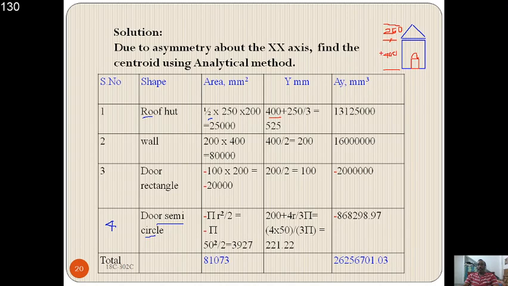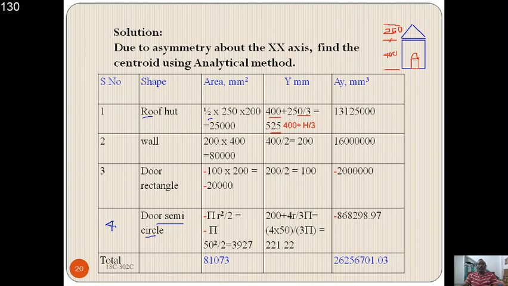Hence 400 plus 250 by 3, that is, h by 3. By using this value, we get 525 for the isosceles triangle.